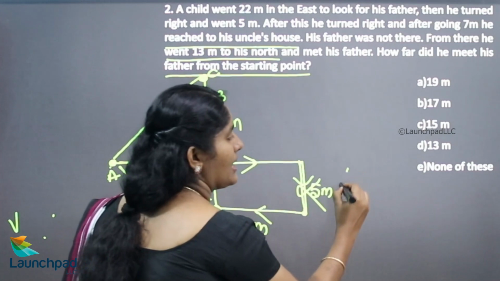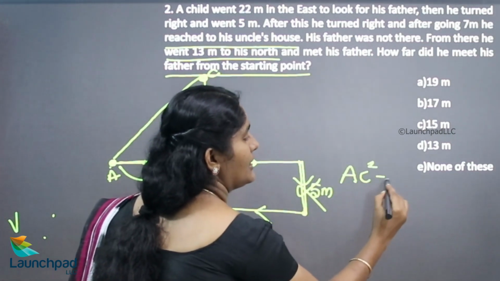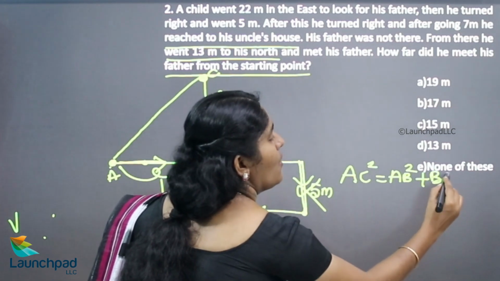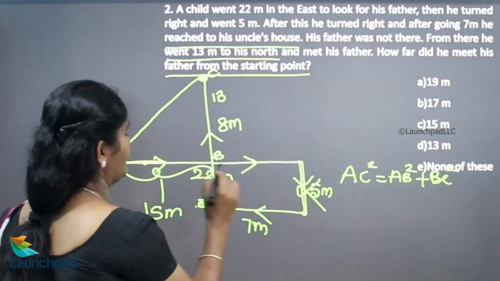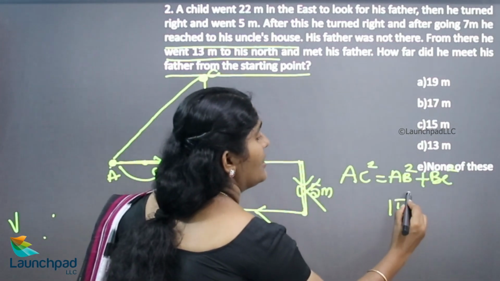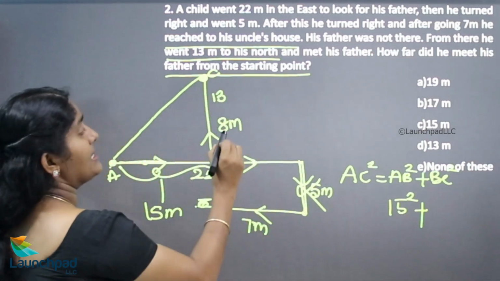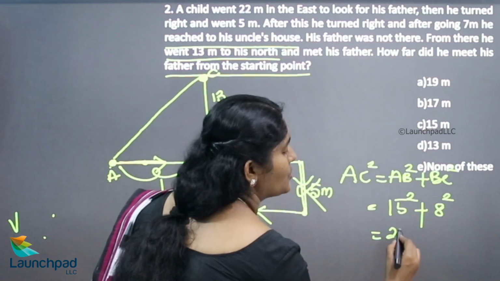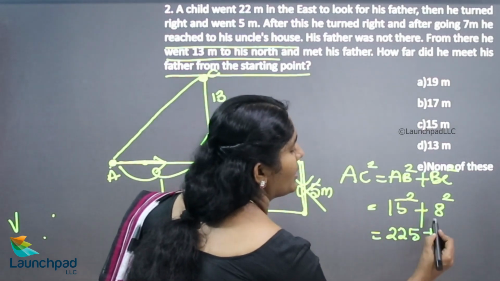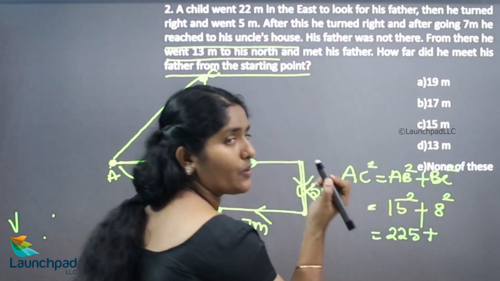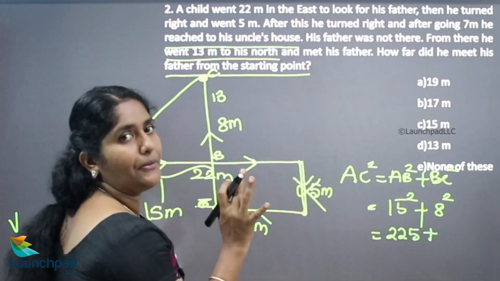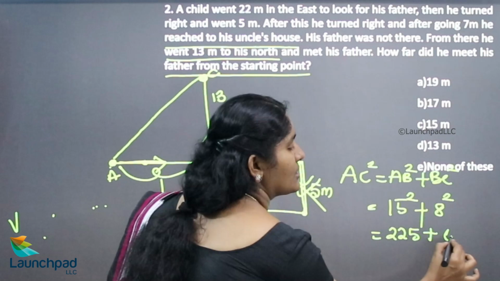According to the Pythagoras theorem, AC square is equal to AB square plus BC square. AB is 15, so 15 square plus 8 square. 15 square is 225. If you memorize squares from 1 to 20, it will be very useful for your entire aptitude exams. 8 square is 64.